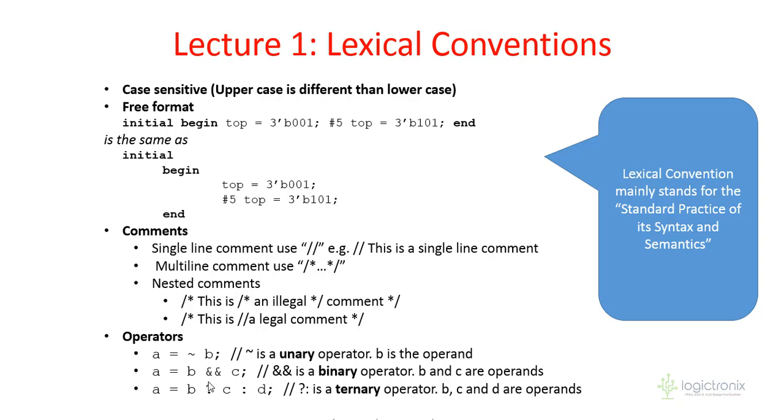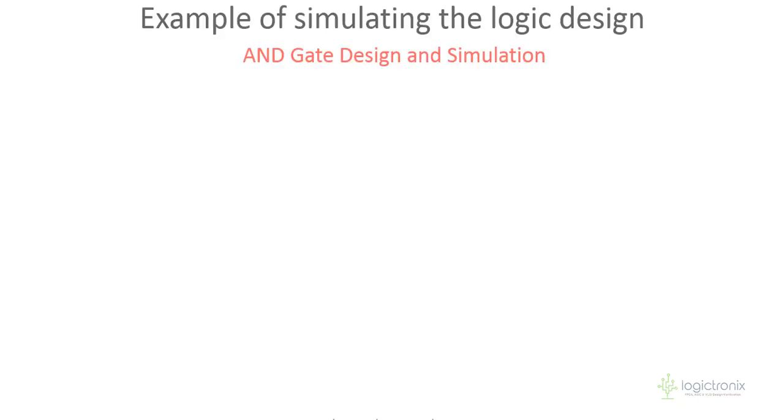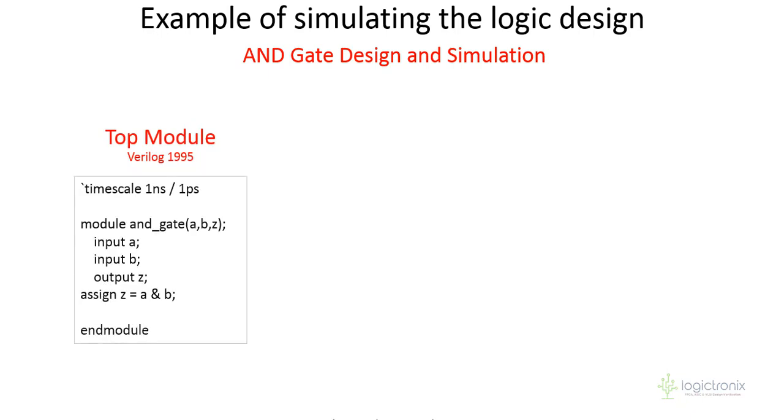The binary operator needs two different operands, and the ternary operator needs three different operands. So they are the three types of operators, while there are also subclasses of operators, like arithmetic, logical, relational, and other operators.